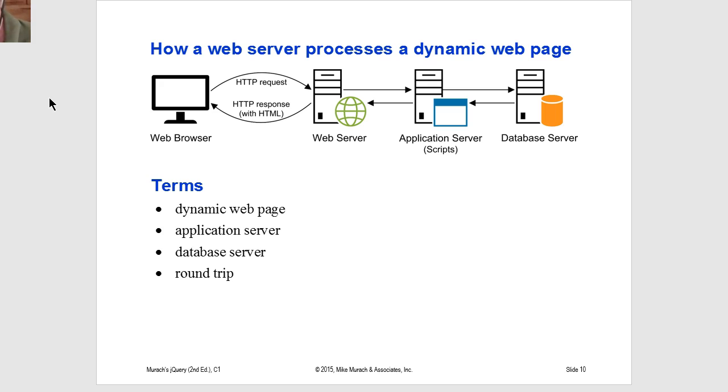Application code then does some stuff, even will seek out to the database, find the information. The database server then brings it back to the application server. The application server actually then builds the HTML dynamically based upon the code that was written and then sends it through the web server back to your web browser. That's called a round trip, where it goes all the way through.